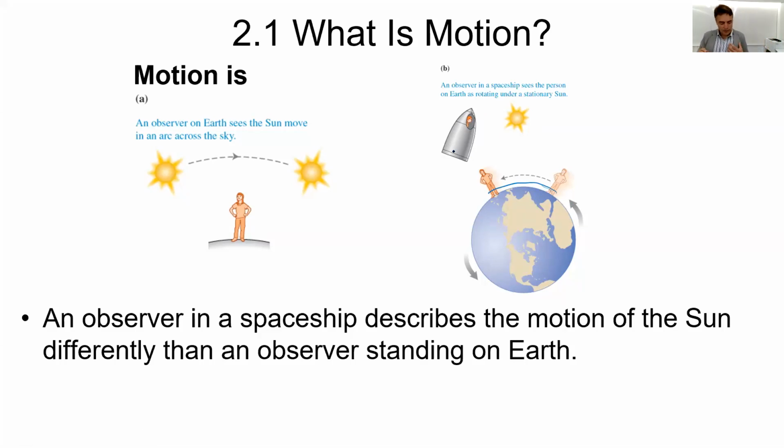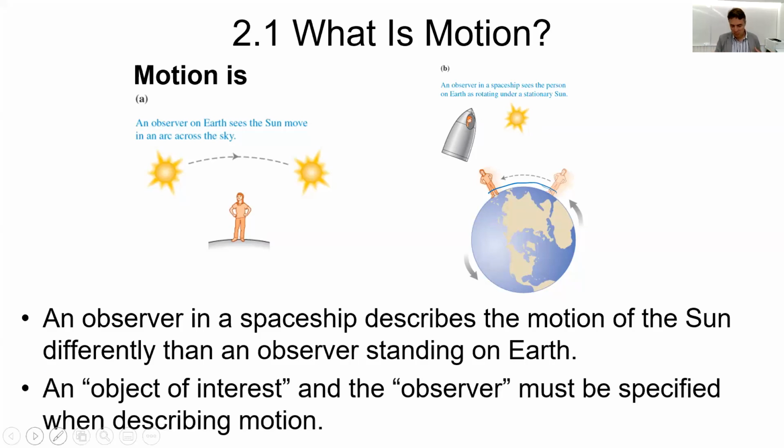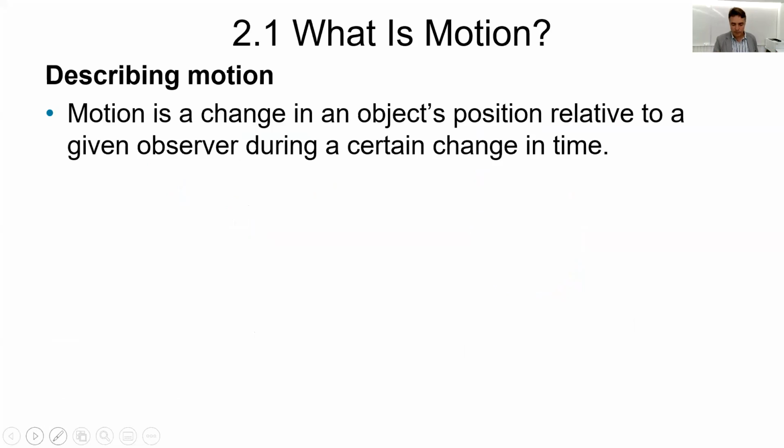So an observer in space describes the motion of the sun differently than an observer standing on the Earth. And who is right? It depends on what the object of interest is and who the observer is. You have to specify who the observer is when you're describing motion.